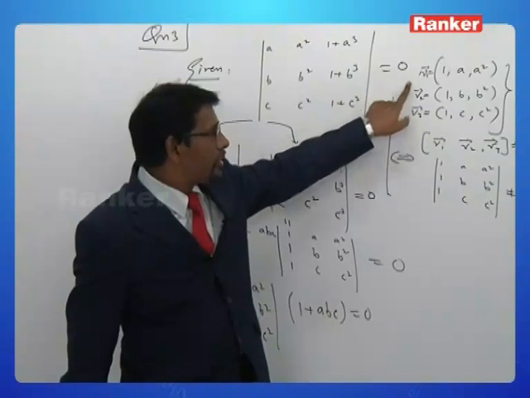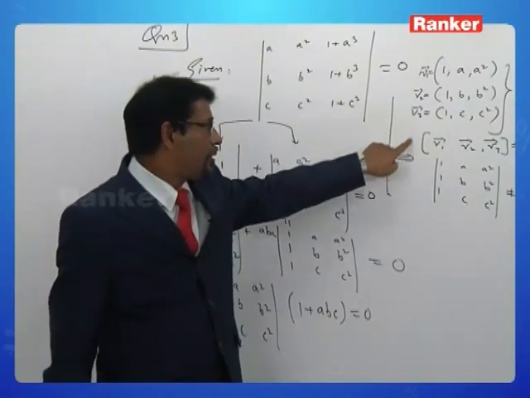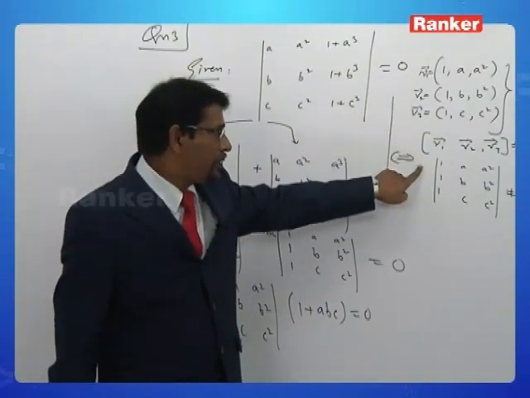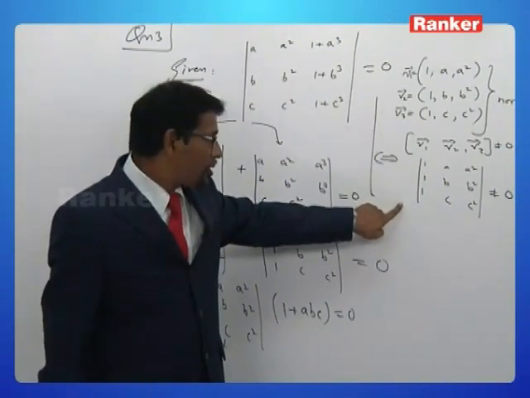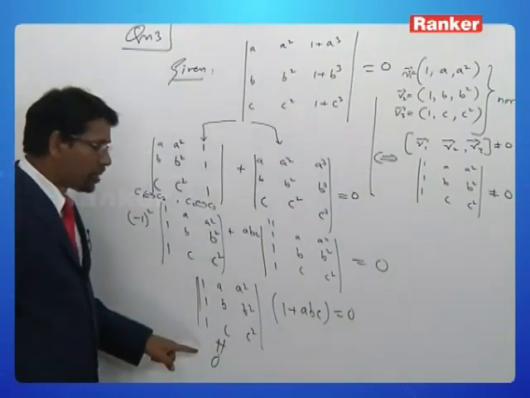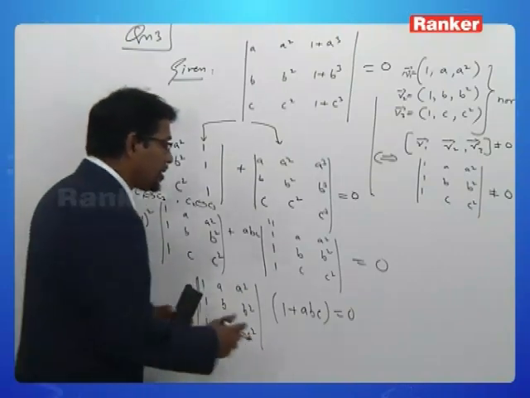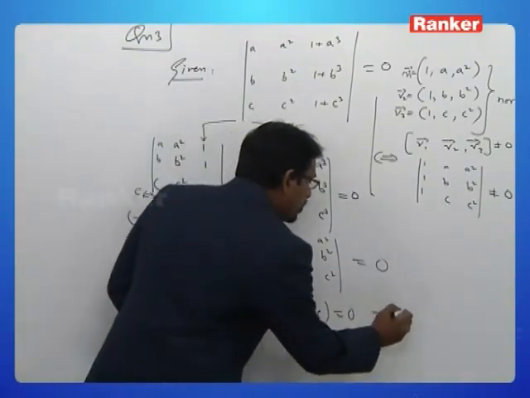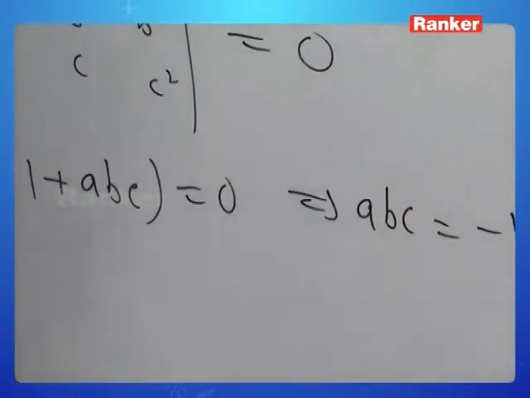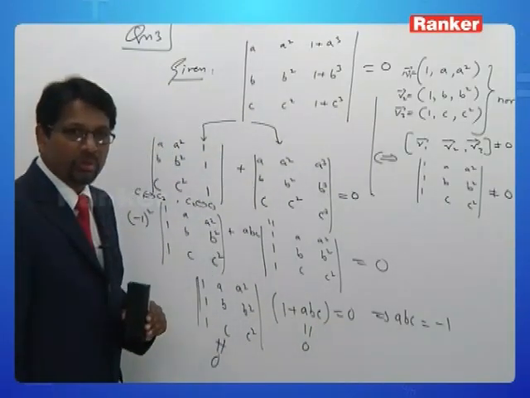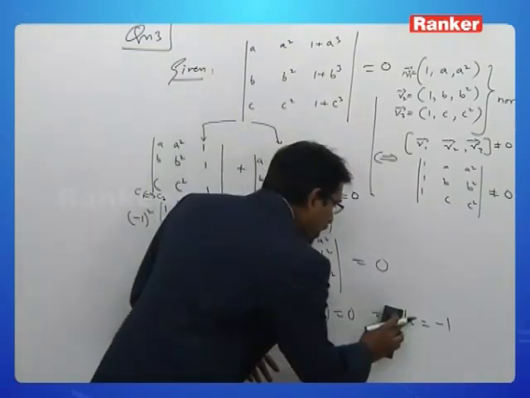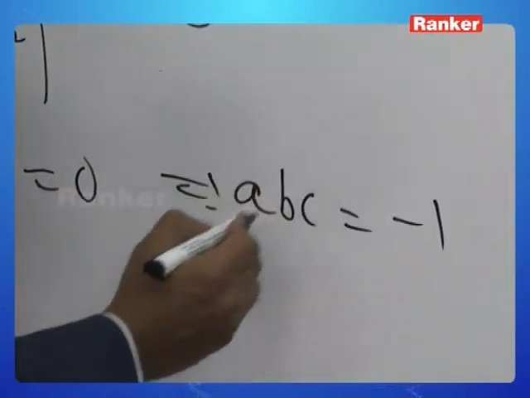Because the vectors v1, v2, v3 are non-coplanar. Therefore the box product of these three vectors is non-zero, which is nothing but this determinant being non-zero, and we have made use of that fact. So this implies ABC is equal to minus 1. This being non-zero, the other factor has to be 0. So A into B into C is minus 1.